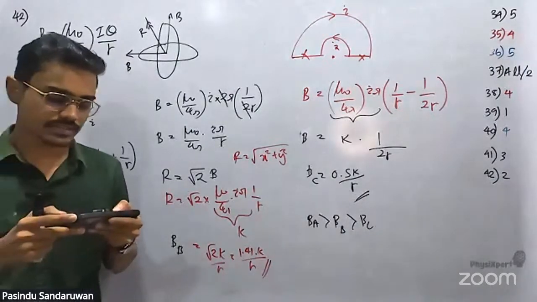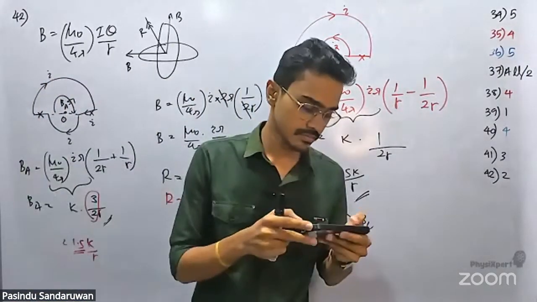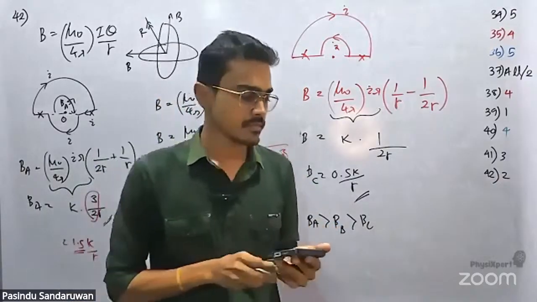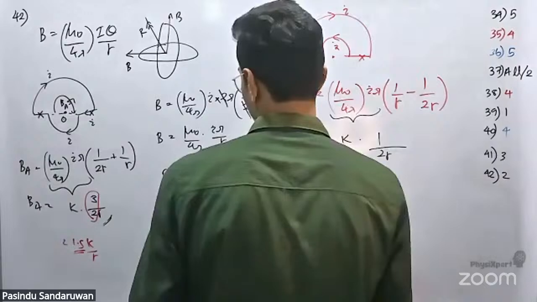Electric fields. 43, electric fields. Take this down quickly.